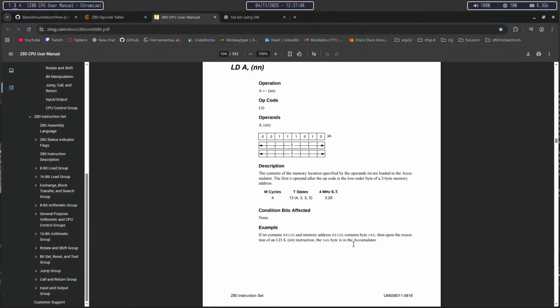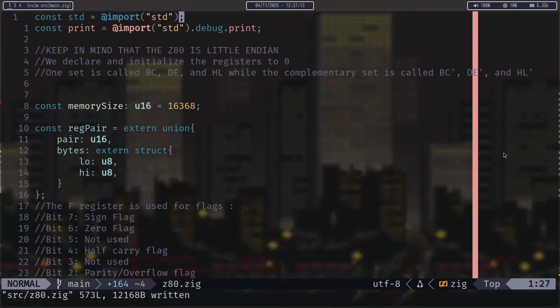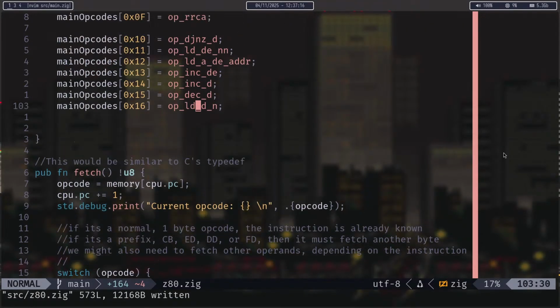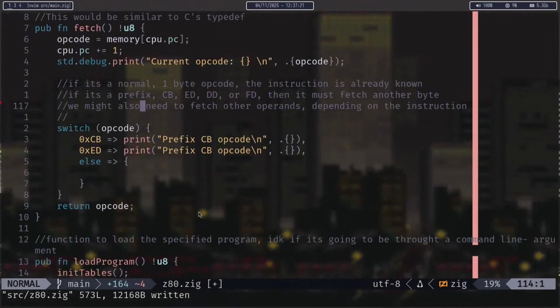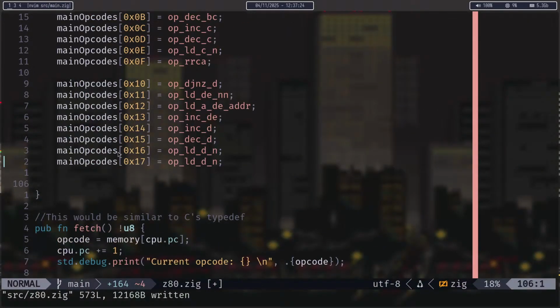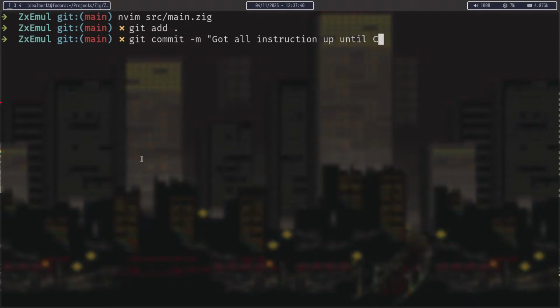Alright. And then let me do one thing because I have to get so many of these things done correctly. This is going to be a long day. Actually, let me get rid of this, and I can do git commit: got all the instructions up until CCF, which is opcode 3F.